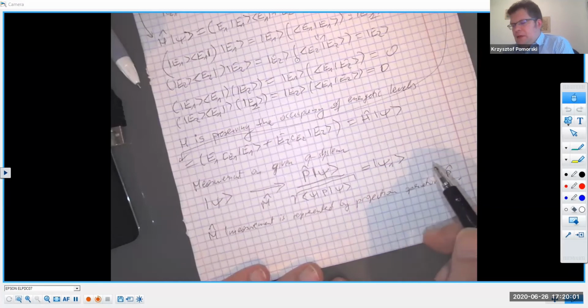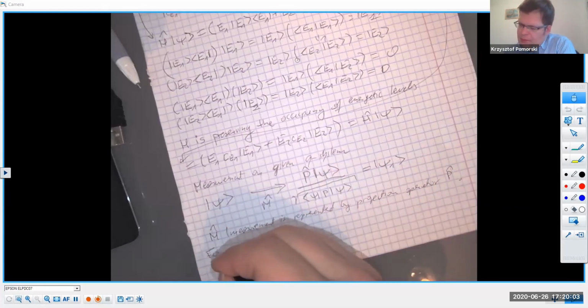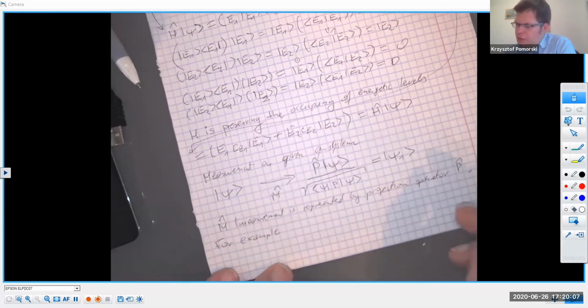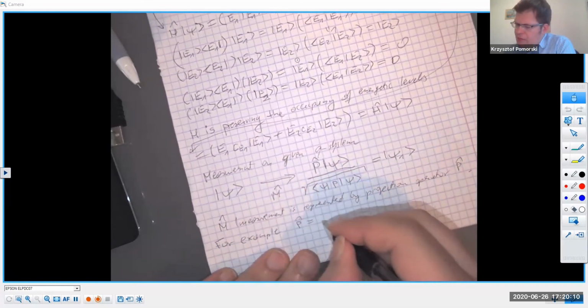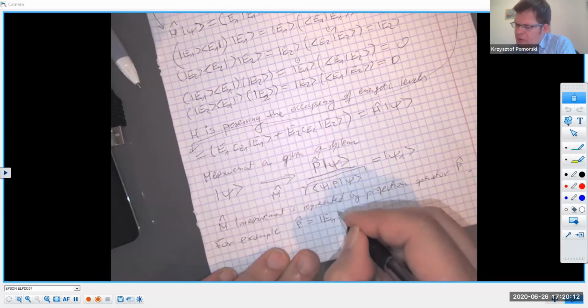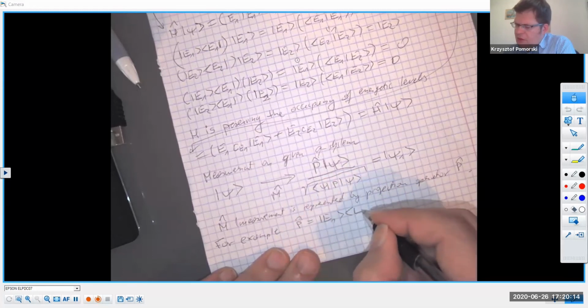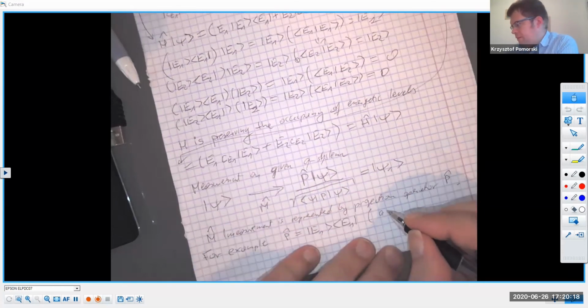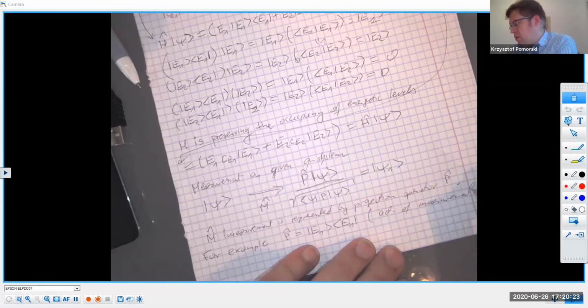And this P can be, for example, the act of measurement of occupancy of the first energy level, the act of measurement of occupancy of energy level U1, right?